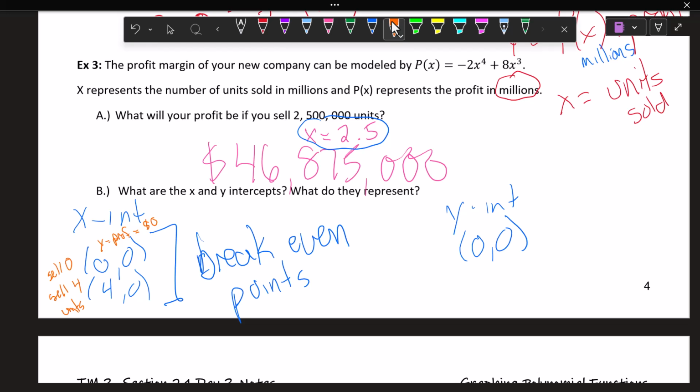And that kind of stinks. No, that would be fine. There are break-even points where we don't make any money. The profit is 0. The y-intercept is again the same thing. If we sell 0 units, we get $0. That's the end of 2.1 day 2.